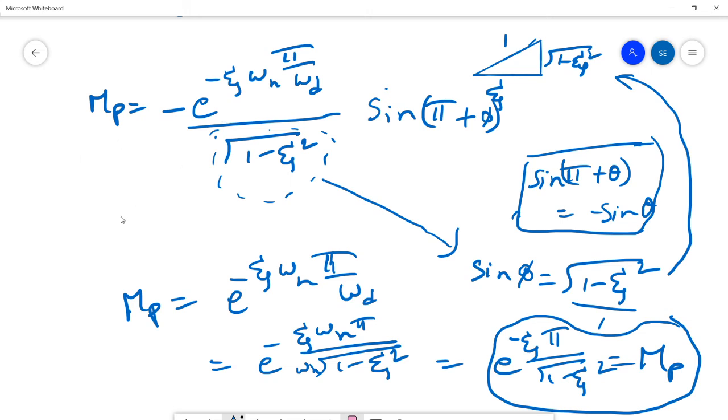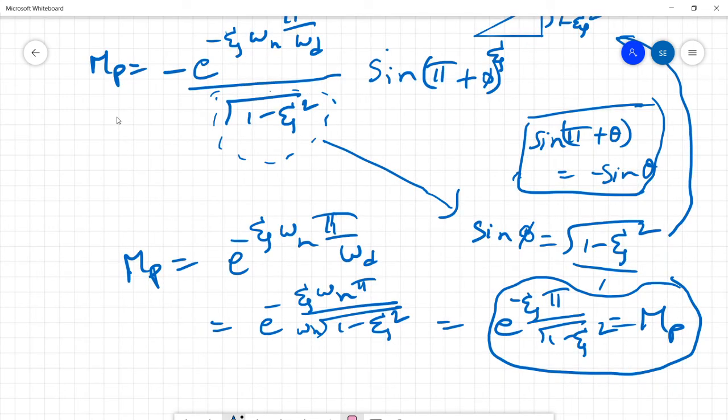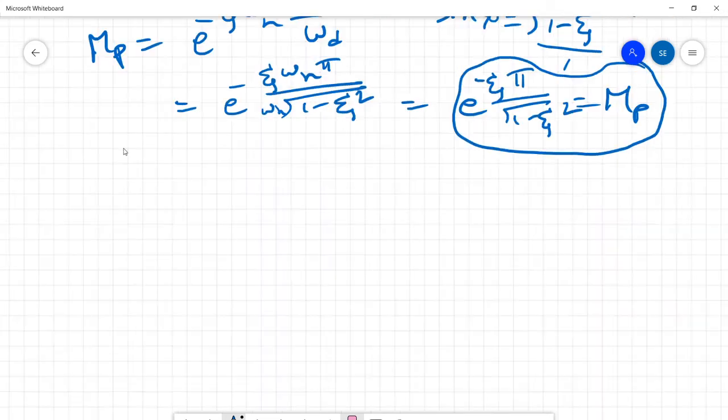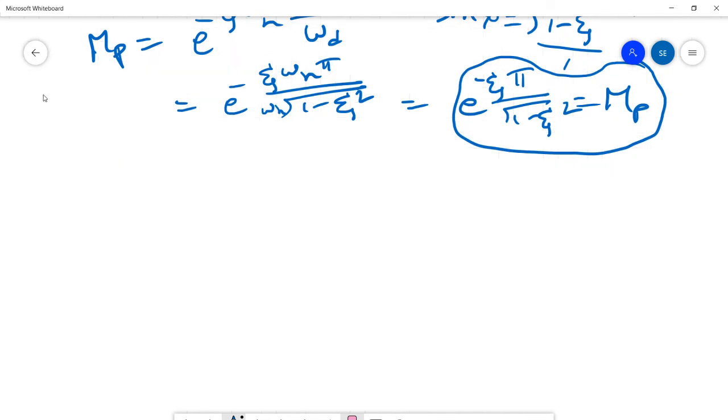Okay, this is how we calculate maximum peak overshoot. Then we'll derive the expression for settling time, Ts.